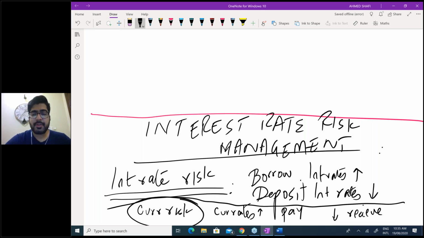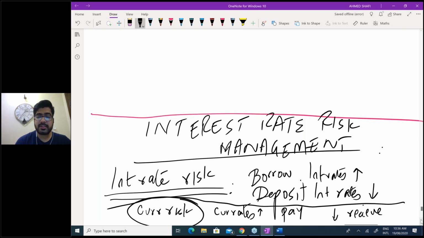For example, in January 2021, I plan to borrow some money to expand my business. I'm afraid that interest rates may go up at that time. Suppose I plan to deposit some money in February 2021. I'm always afraid that at that time interest rates may go down. So this risk that interest rates may go up if you need to borrow, or go down if you need to deposit, is called interest rate risk.